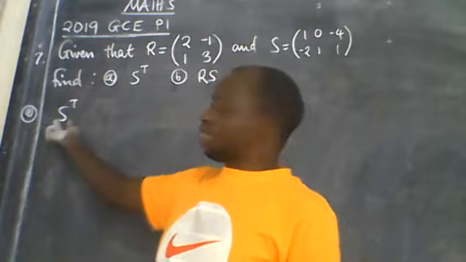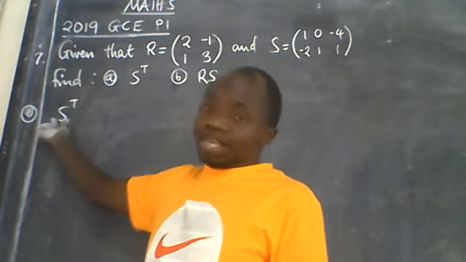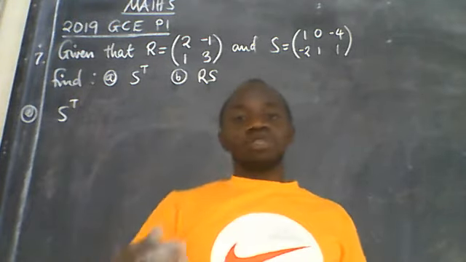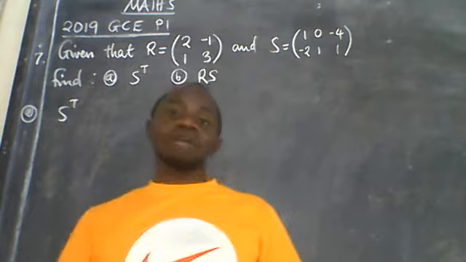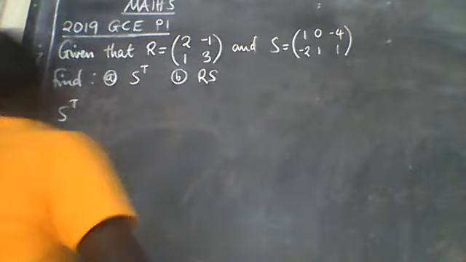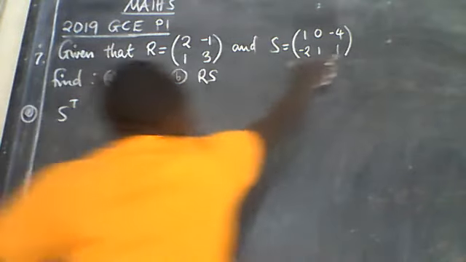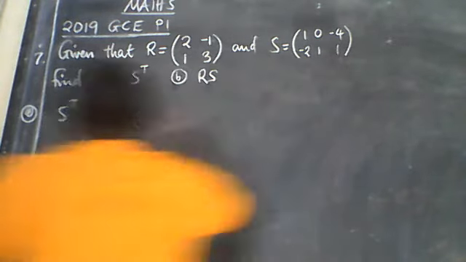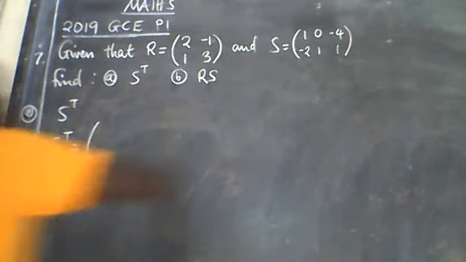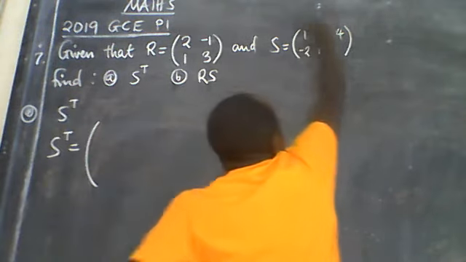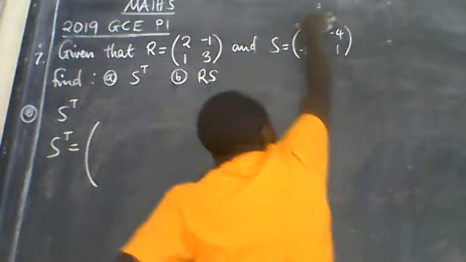So which matrix are we transposing? Matrix S. To transpose means you have to interchange, the rows become the columns. Okay, so this is our S, this is the matrix we have. So we'll say now S transpose will be equal to, so I'll transpose. The first row will become the first column.